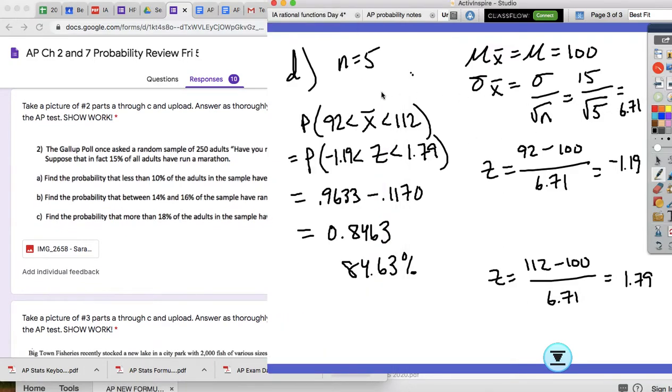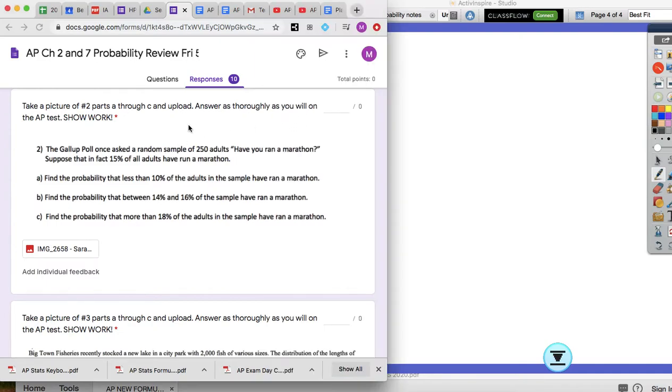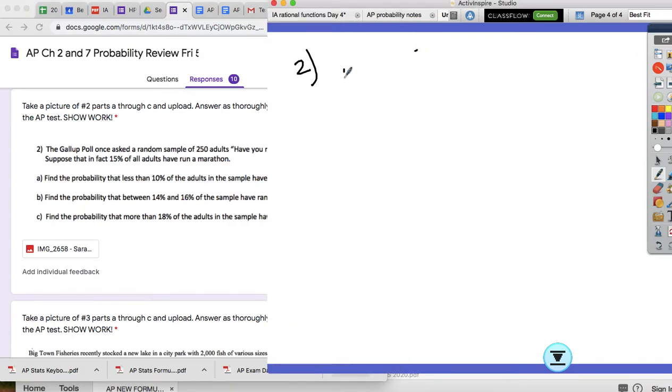Okay, number 2. We've got a Gallup poll. It asked a random sample of 250 adults, have you ran a marathon? Suppose in fact 15% of all adults have run a marathon. Now this is a proportion problem, and they just gave us the population proportion of 15%.